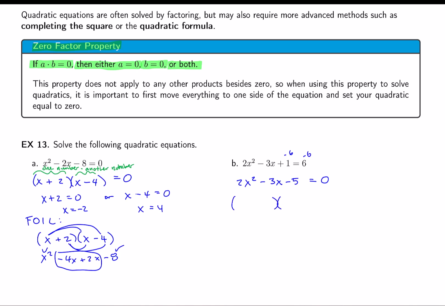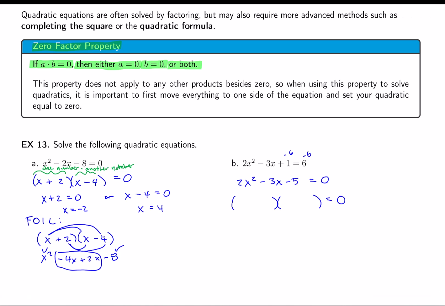Now this is the form where things get a little bit tougher because the leading term coefficient is something other than 1. When that's the case, there are more possibilities for solution, or potential factors, I should say, and so you have more possibilities to try. But it's not impossible. Now, there's all kinds of different ways of doing this.